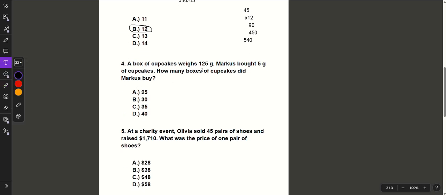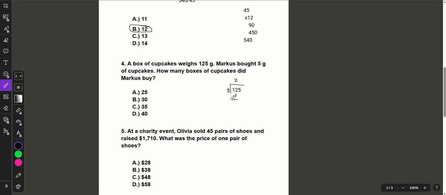A box of cupcakes weighs 125 grams, and Marcus bought 5 grams of cupcakes. So we have to figure out how many boxes of cupcakes he bought. So we just have to divide 125 by 5.